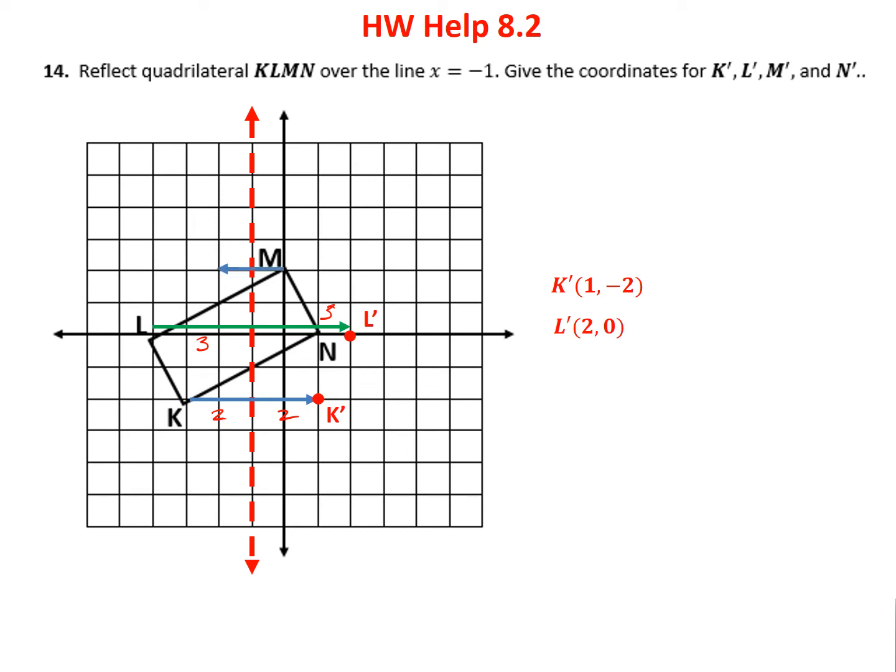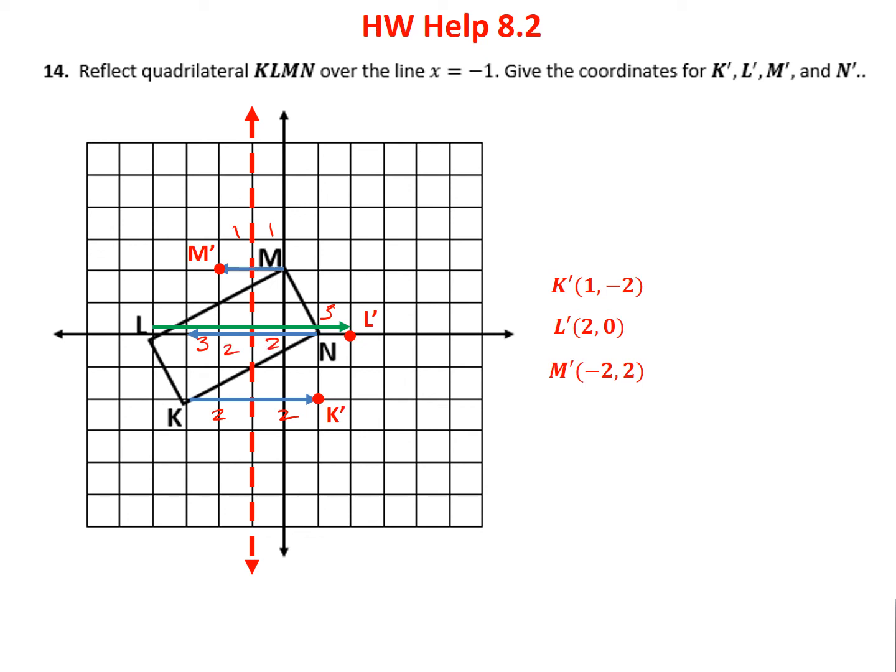Now when we look at M, M is on the right side, so it goes back across. Notice it goes 1, and so we go 1 back the other direction. And there is our M prime, which turns out to be (-2, 2). And then finally we have N, and N goes 2 to the line, and so 2 back again to the other side of the line.